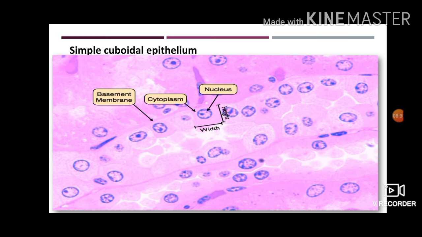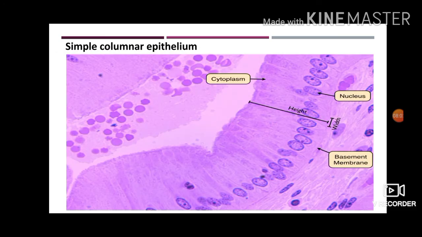Now moving to our next slide, that is simple columnar epithelium. Dear students, you can see over here the height and width indicated with black color. They are very tall and in width they are a little bit small, meaning they have a structure like a pillar or column, and that is why this tissue is named columnar epithelium.